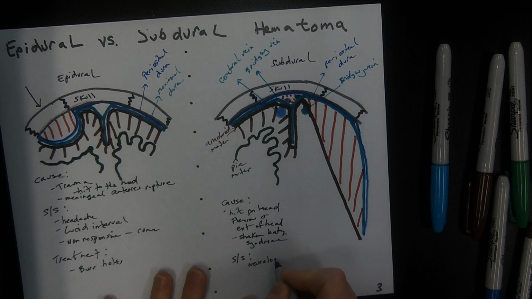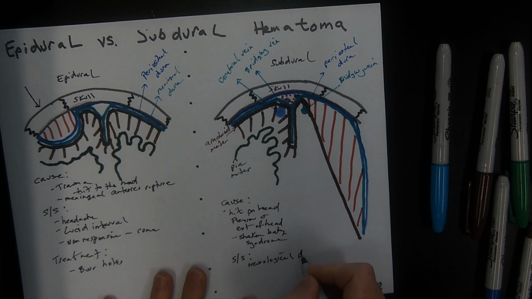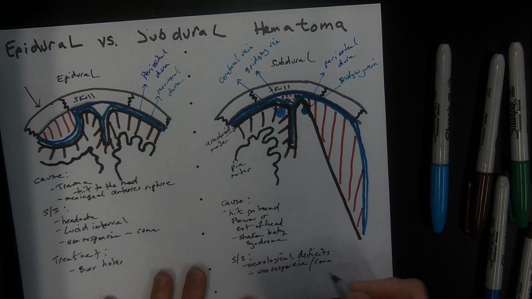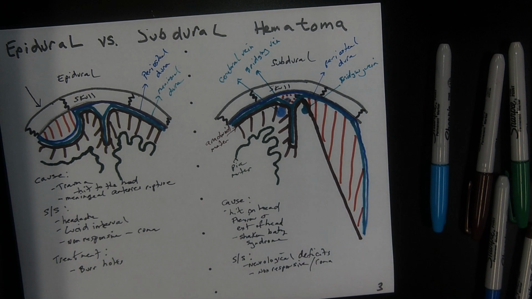So immediate neurological deficits, or a non-responsive coma situation that's immediate. Okay, so there's no lucid interval. As soon as this happens, bam, you're going to see some changes right away. And this is a large amount of blood that's pooling in that space.